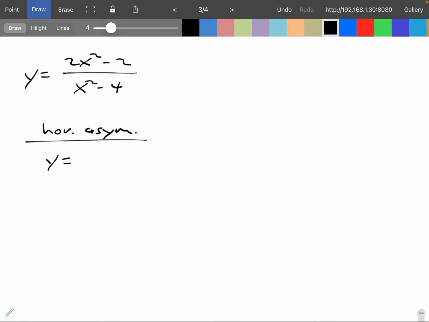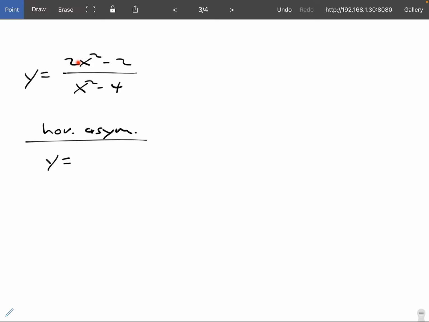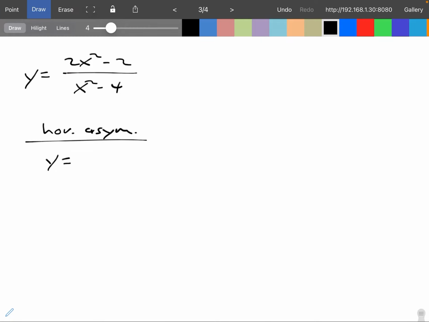What is that? Good. I got 2 fingers over there too. That's Tyler, right? Yeah, so it's a 2. You guys can see that. The number out in front is called the leading coefficient.